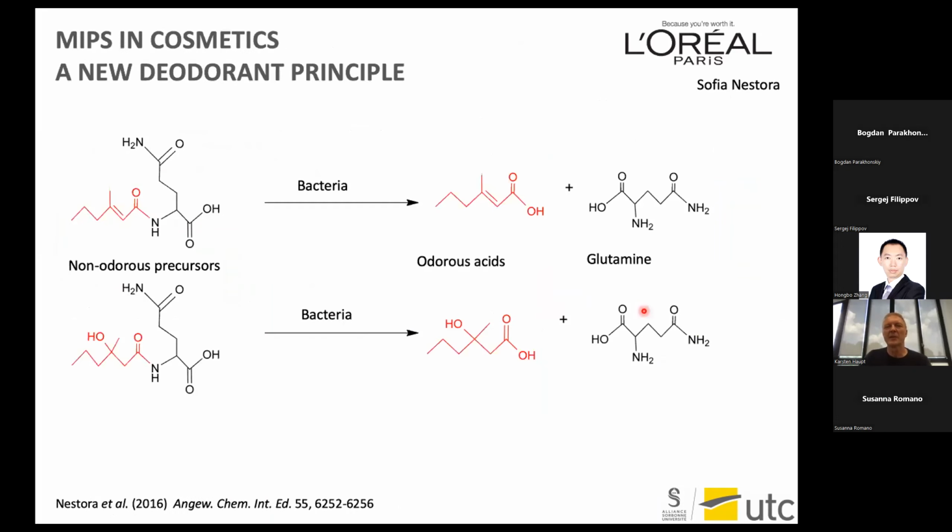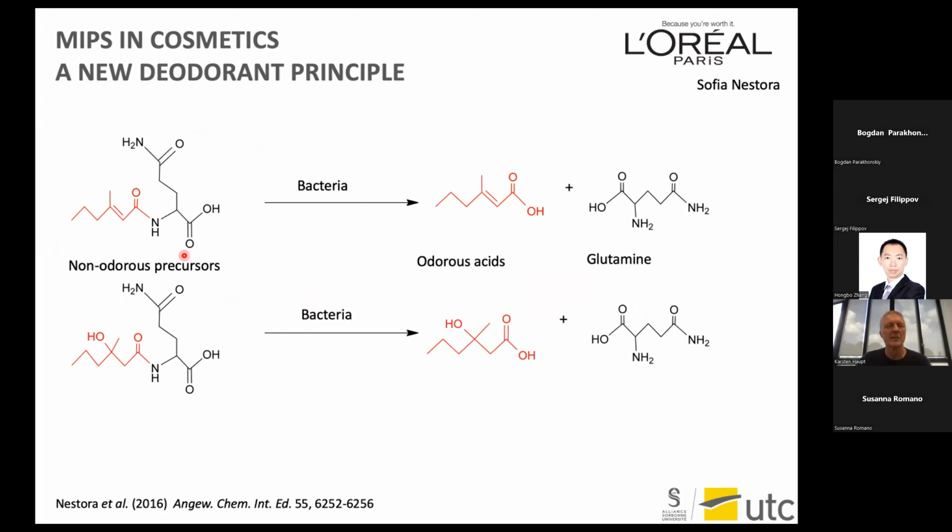Okay, last but not least, I want to show you also an example from everyday life. A few years ago, L'Oreal, the cosmetic company, asked us if we can help them to make a new type of deodorant principle. In fact, your body odor appears because we have these non-odorous precursors.